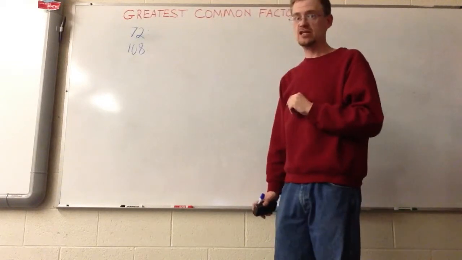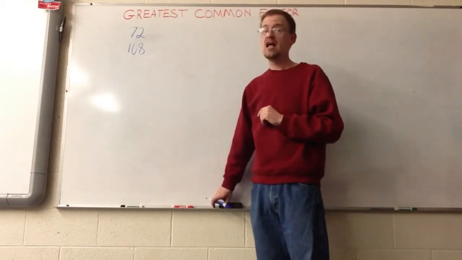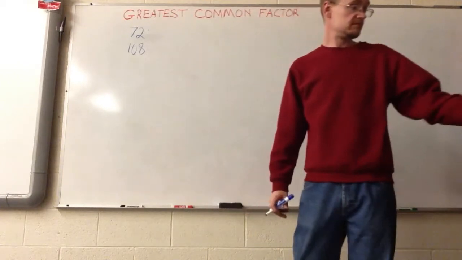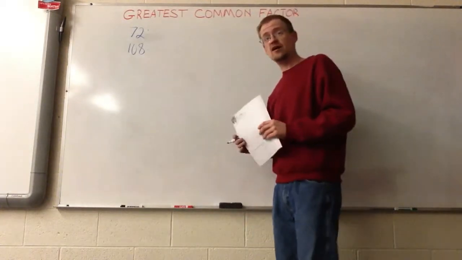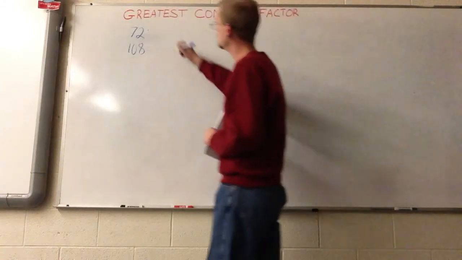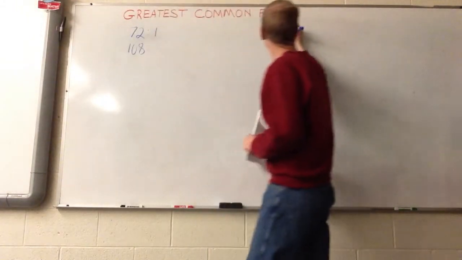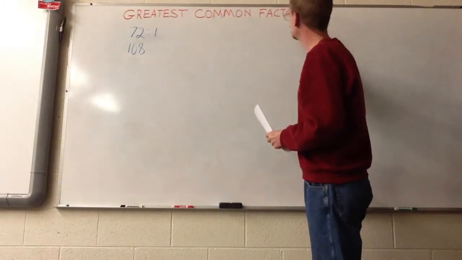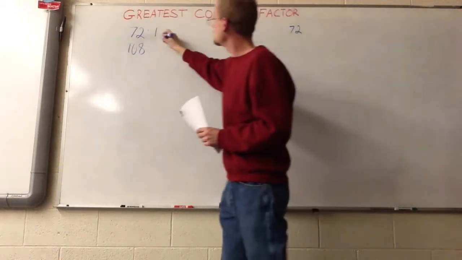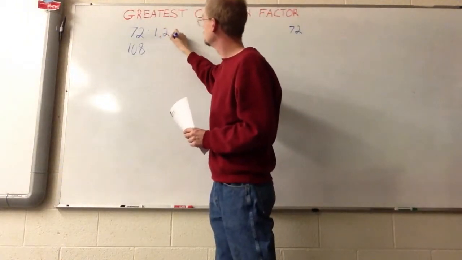Okay, hopefully you had a chance to look at all of these factors, and there are a lot of them. We'll just start by listing out all the factors of 72. We have 1 and 72. Okay, even number, so 72 divides by 2.